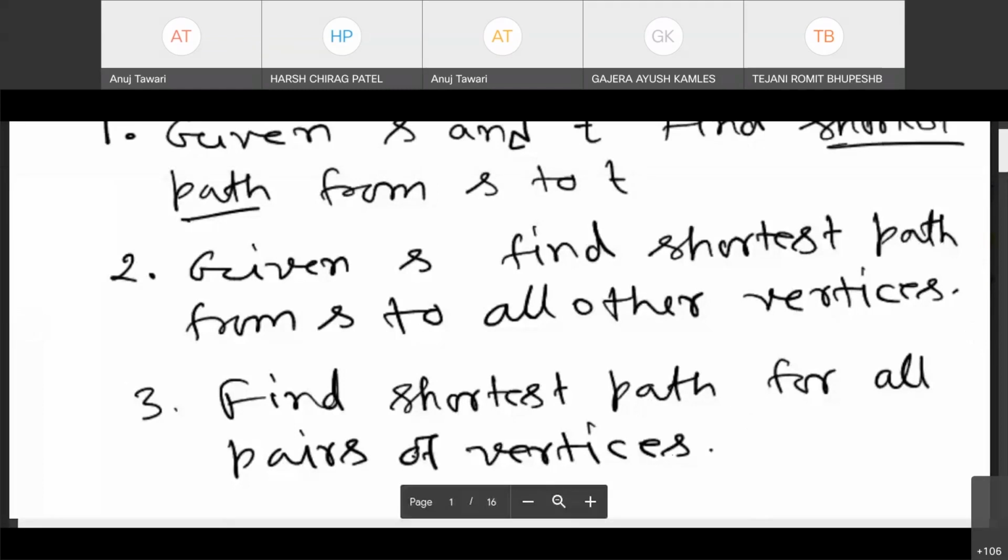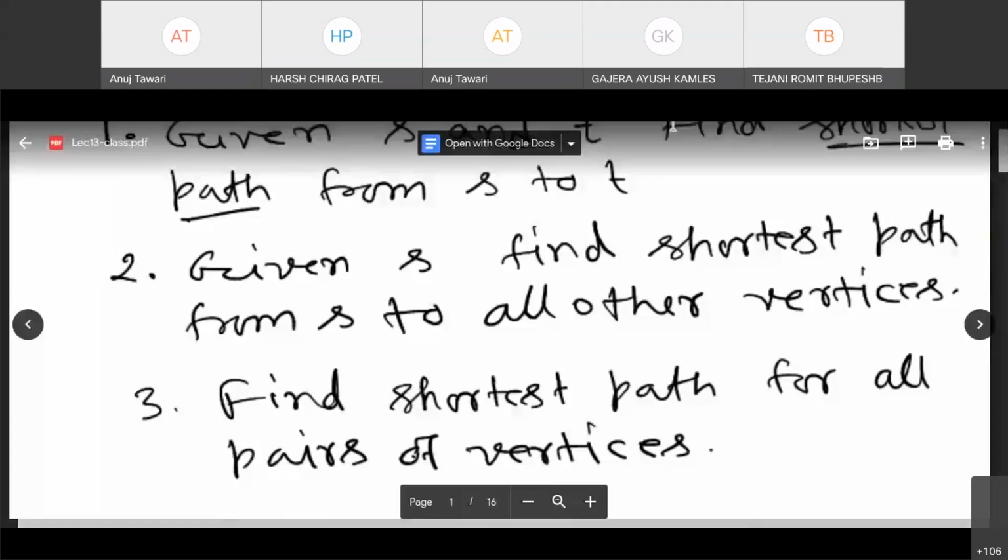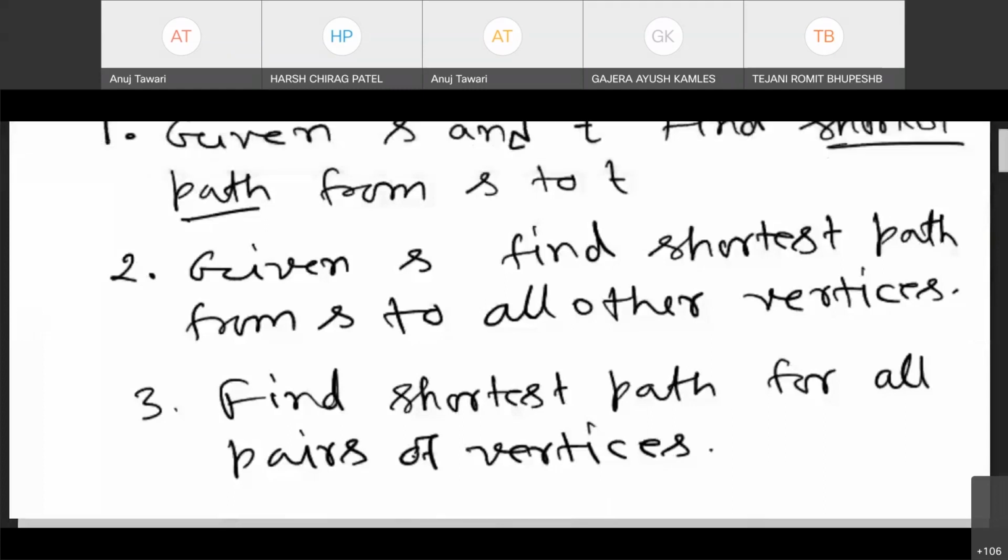Another comes in web page routing. You are browsing the web, and there are many links between these web pages. So in this case, the Google Maps graph was undirected, right? Because if you can go from one city to another, you can also come back from the destination city to the source city by following the same route.